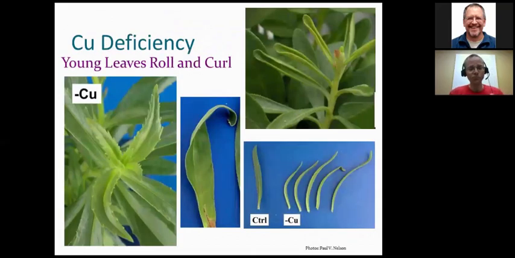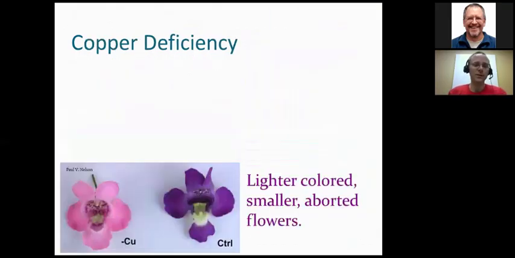So here are our leaves that are curling, some distortion, nothing that's really pulling this out to tell us that it's copper. But now we look at the flowers, and we see again that really clear discoloration of the flower. And again, just like with sulfur, we need to know what we're growing and what color we expect.